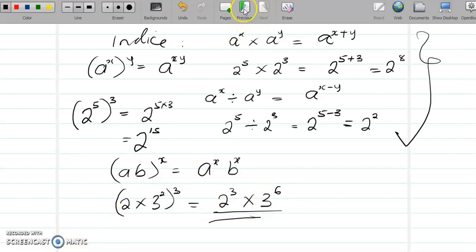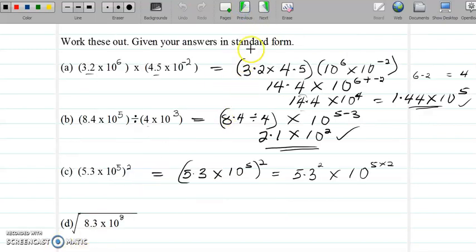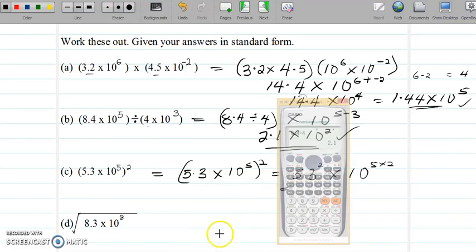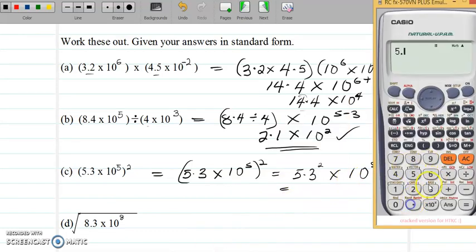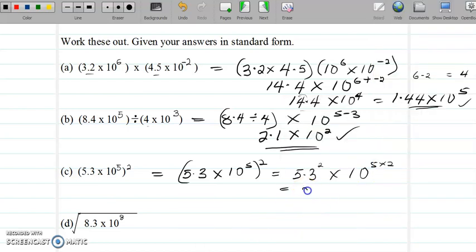Okay, now in that case, 5.3 raised to the power 2, that is squared, will give us 28.09, times 10 raised to the power 10.